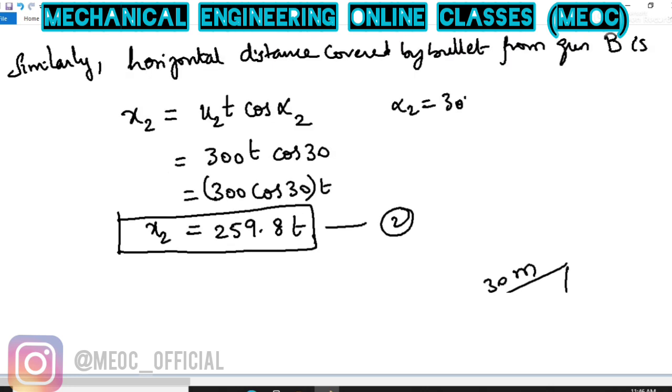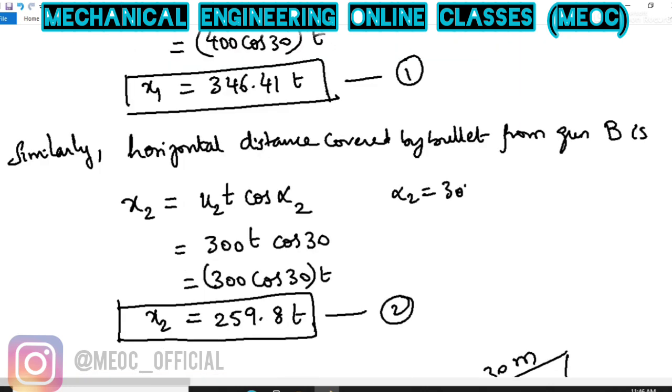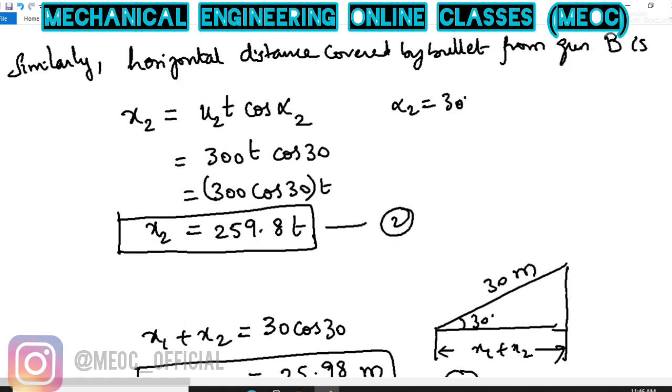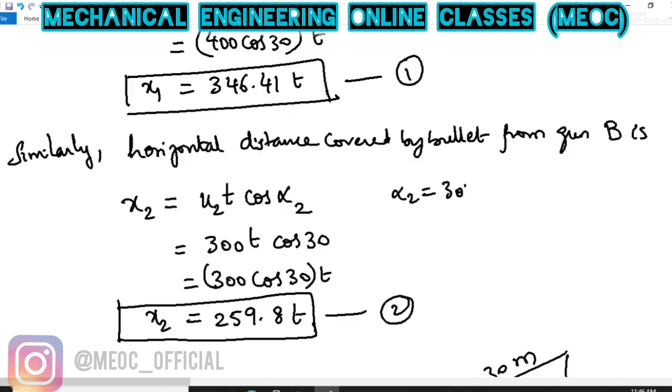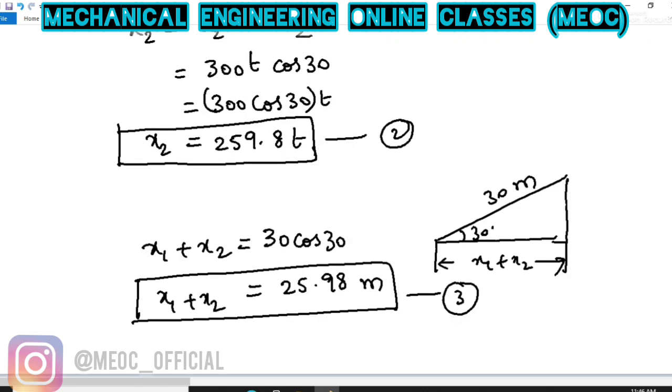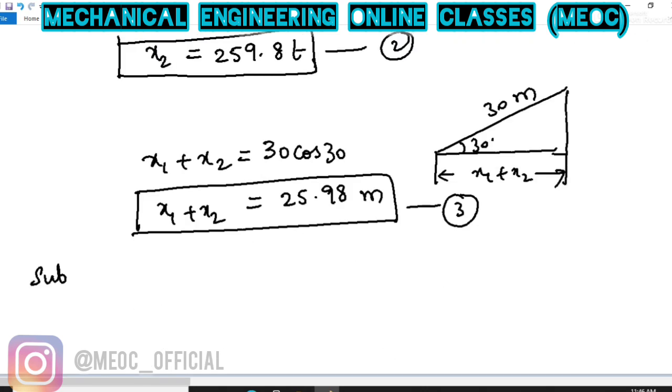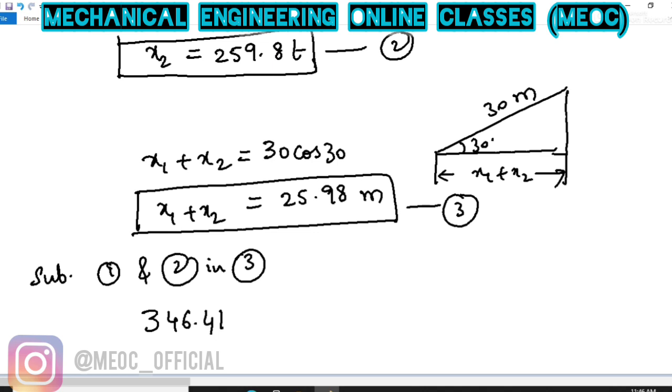So now we have three equations and three unknowns. We can find all the three now. So let us substitute x1 and x2 from equation 1 and 2. x1 is 346.41 t. So substitute 1 and 2 in equation 3. So we have 346.41 t plus x2 is 259.8 t. This is equal to 25.98.